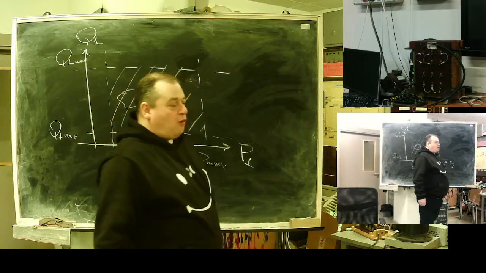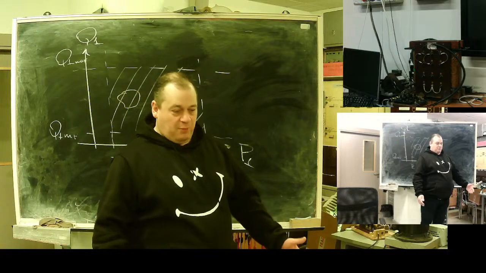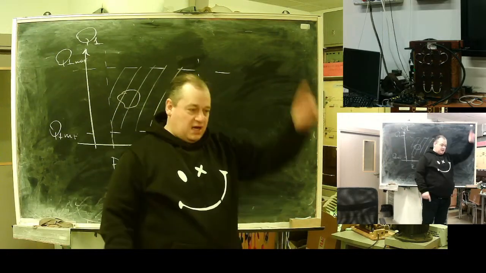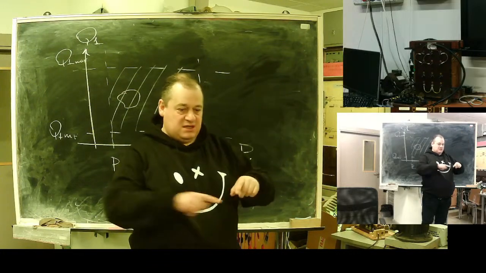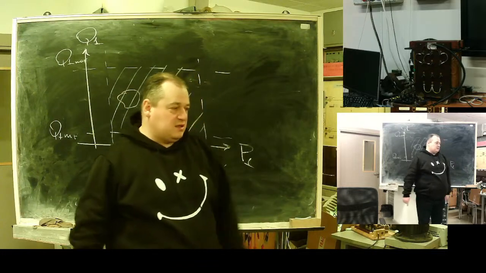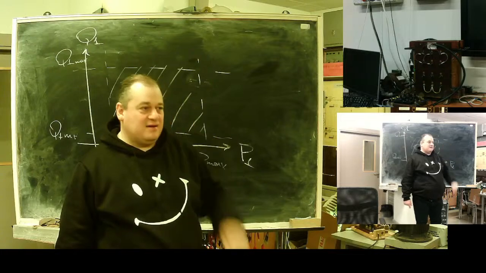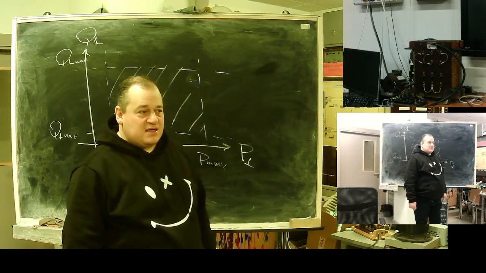So for hydro plants, if you operate a real hydro plant, you will have a chart like this. Nice. It's the water level difference, the opening of the guide apparatus, and a nice gray cloud. Maybe multiple. This area is not welcome.